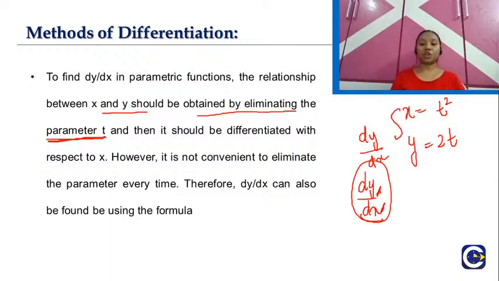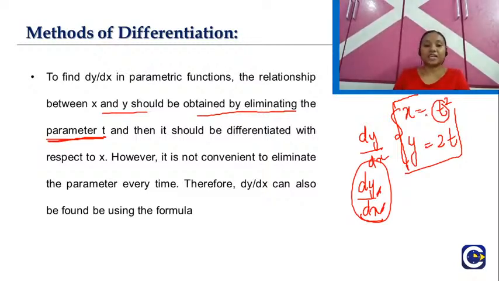So to find dy by dx, we have to eliminate the other variable, that is t. From these two, we have to eliminate the parameter t so that we can get dy by dx. Then the question is how to eliminate this parameter.